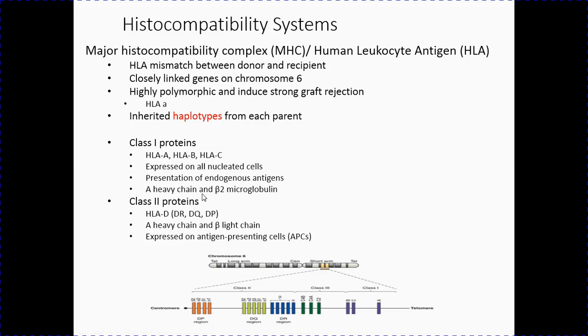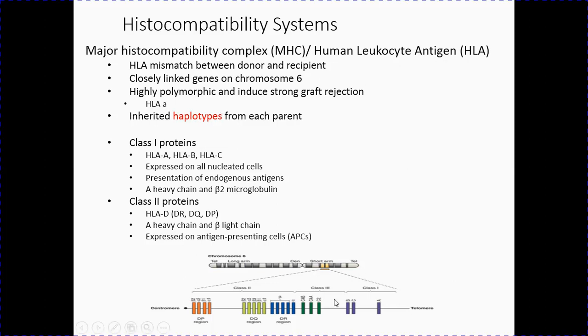We have an A, B, and C, and a D region, but individually there are 3 regions of genes within this overarching D that make up class 2. Class 3 MHCs we didn't talk about in class. Remember, this is really not related to what we're talking about in immunology, so we're going to skip past that.